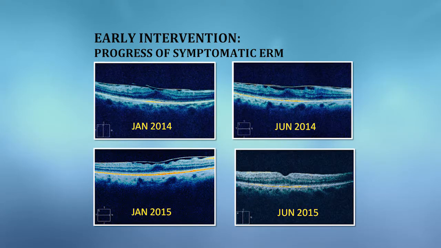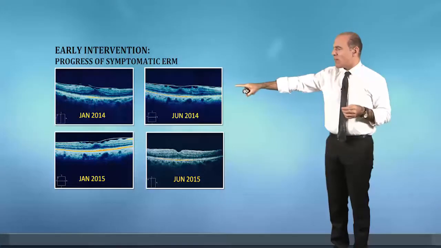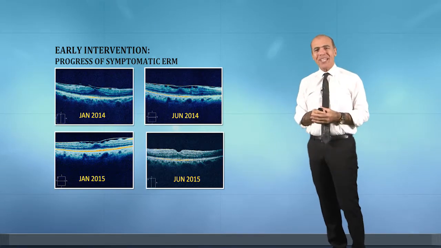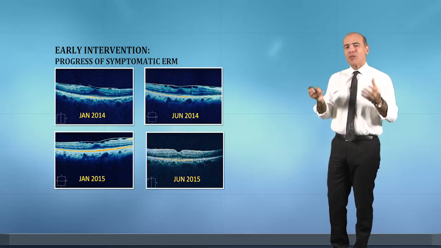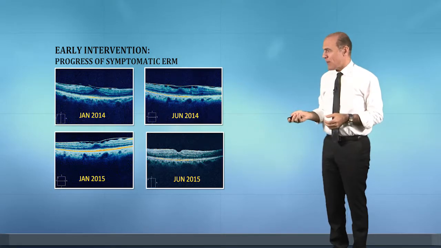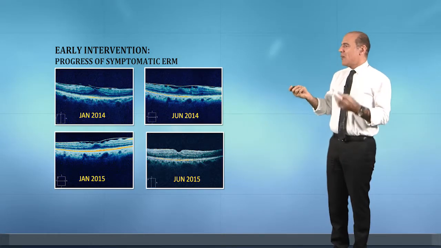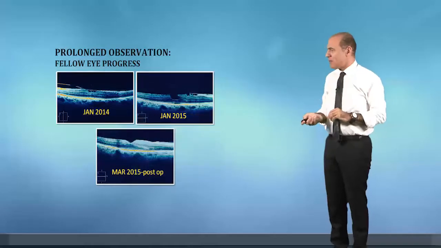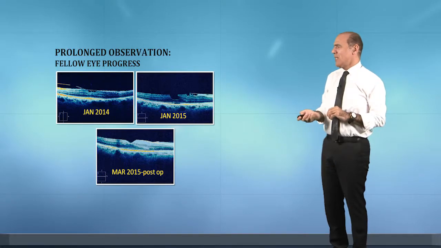I'm not waiting, because I can see the progress. I removed the membrane in June 2015, and this is 1 month after surgery. I can see almost normal anatomy without any implication on the visual acuity of this patient, and it improved, of course. So early intervention has value, especially when you follow up your patient thoroughly. Prolong it? Yes, if I follow.